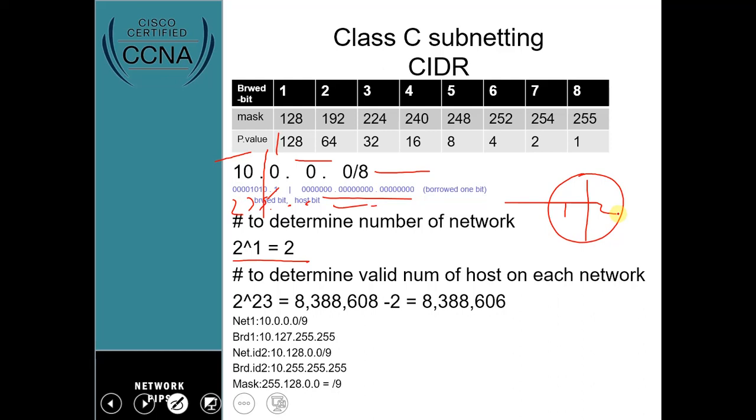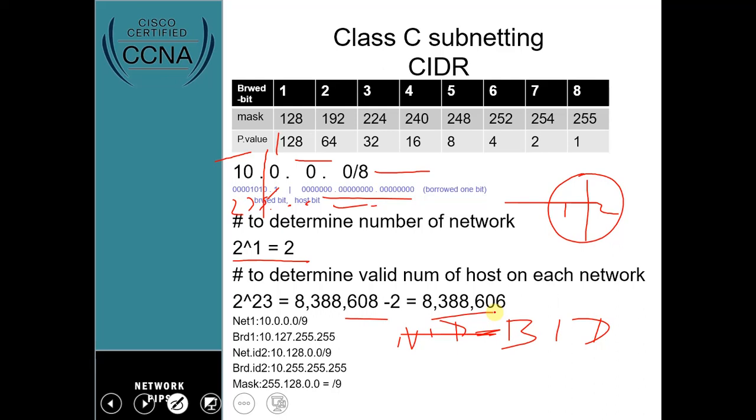So minus the 2 addresses that we are not going to be using, which are your network ID and your broadcast ID address, which we are not going to be making use of. I'm going to minus these 2 addresses from this to give me 8,388,606.